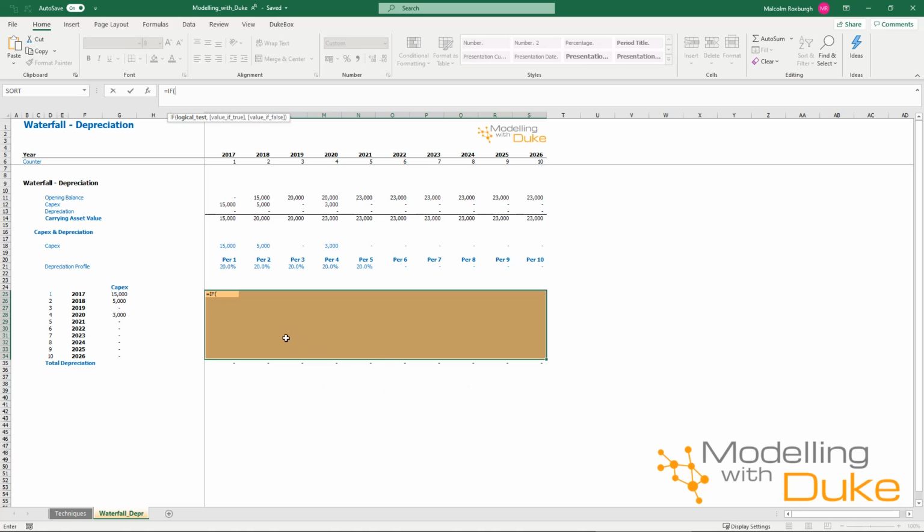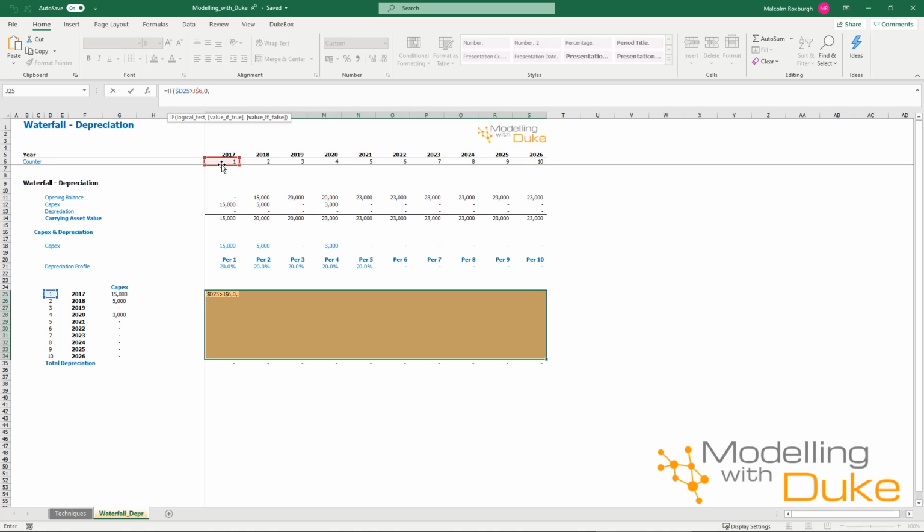So equals if. And so I know that in this bottom left, I don't want any numbers. So if I look at the counters, this bottom left, I've got big numbers on my counter here and small numbers on my counter here. So I know that if my left counter is greater than my top counter, I want the answer to be 0.